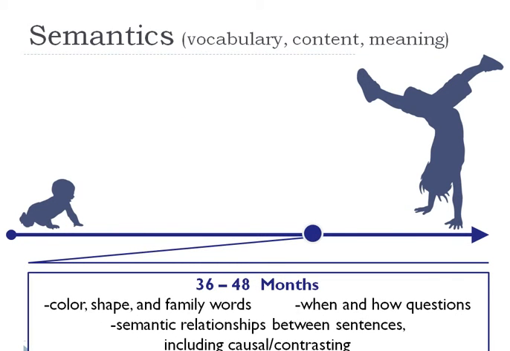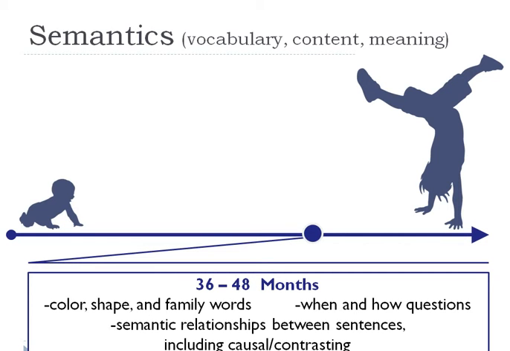At about 3 to 4 years, children have mastered their colors and shapes and family words. They start using when and how questions, and they can build semantic relationships between multiple sentences. And they grasp the notion of cause and effect sentences, causality, and contrasting sentences.